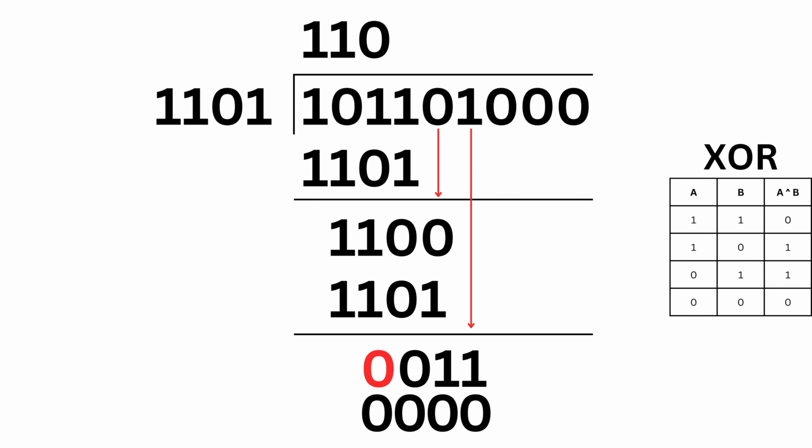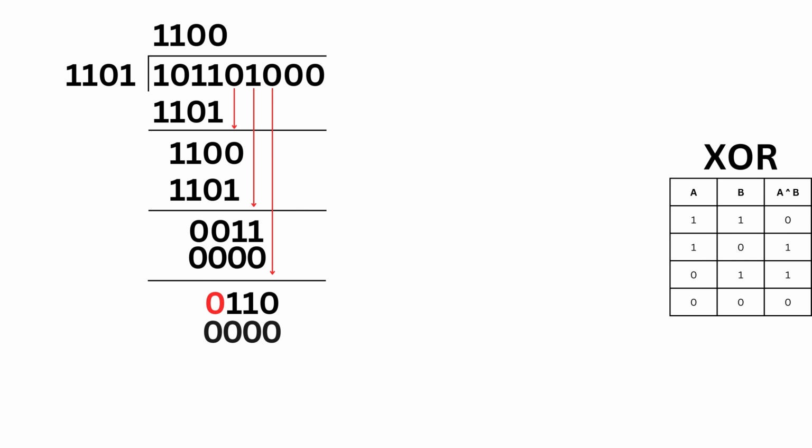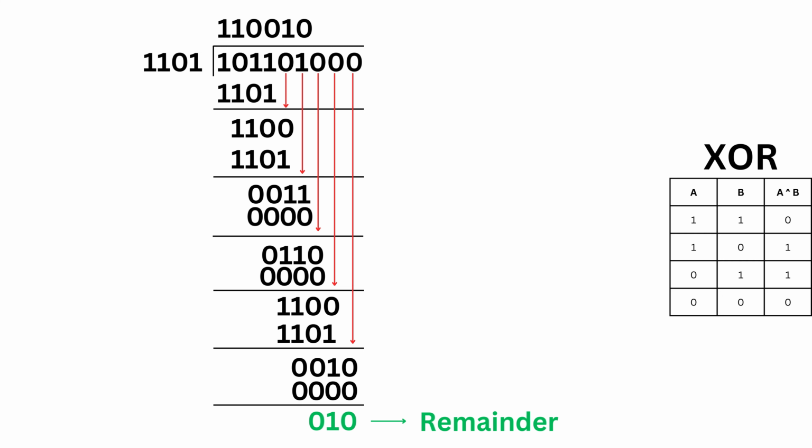We will continue this process until we finish all the bits of the dividend. We finally got our remainder, and the remainder that we got is 010.